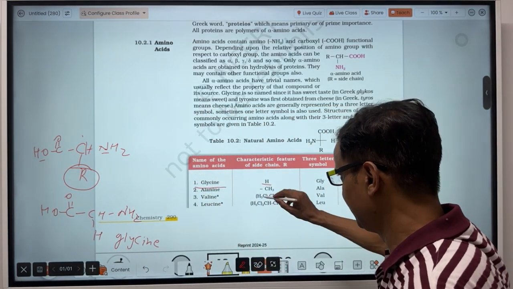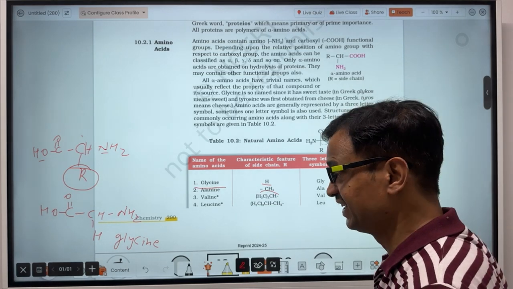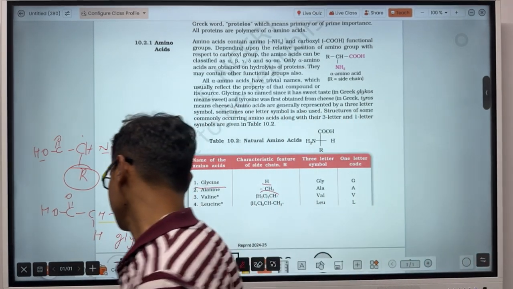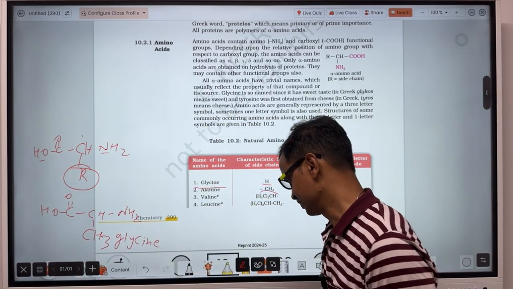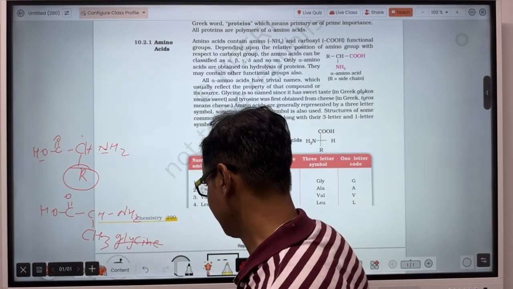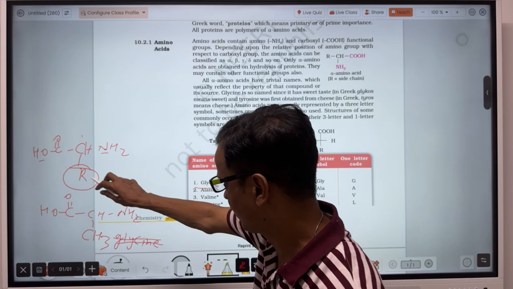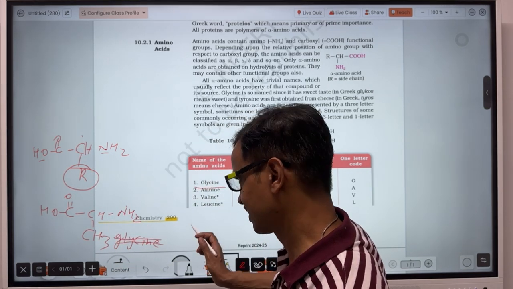If there is a methyl group, CH3, on the place of hydrogen, then it is called alanine. It is not glycine; glycine has hydrogen.